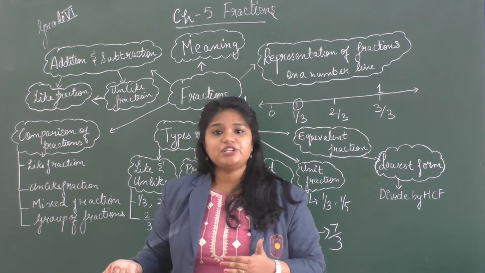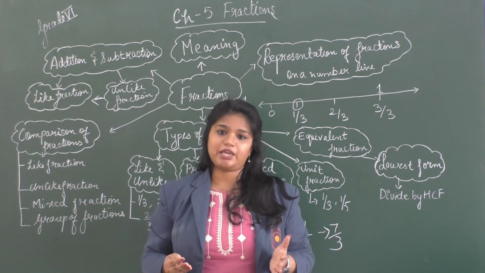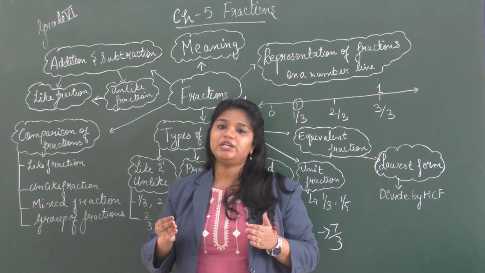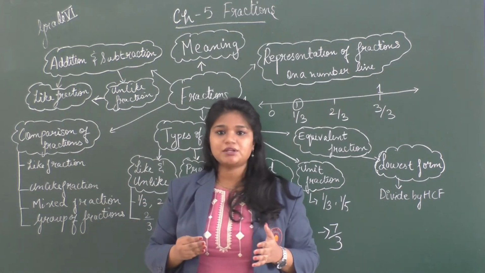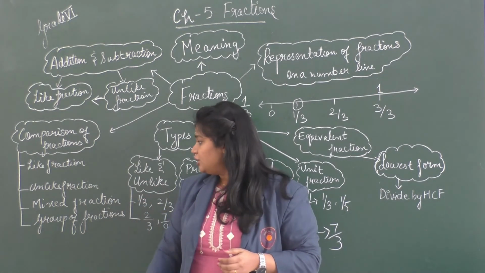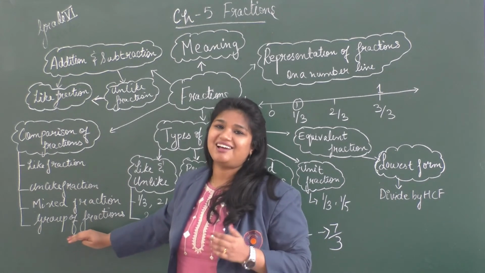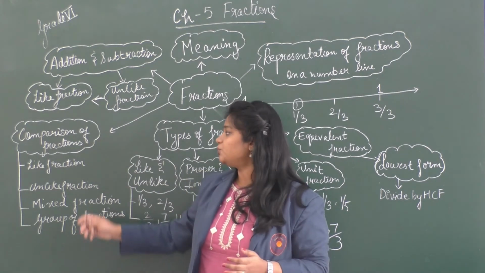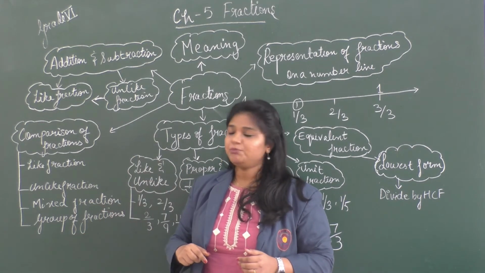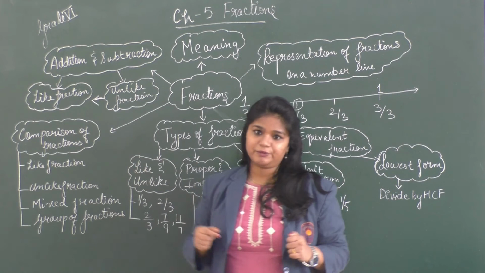But there could be a situation where the whole number part is same. In such a situation, we leave the whole number part and we just compare the fraction part. For comparison of group of fractions, if the fractions are unlike, we will first convert them into like fractions and then perform the operation of comparison.